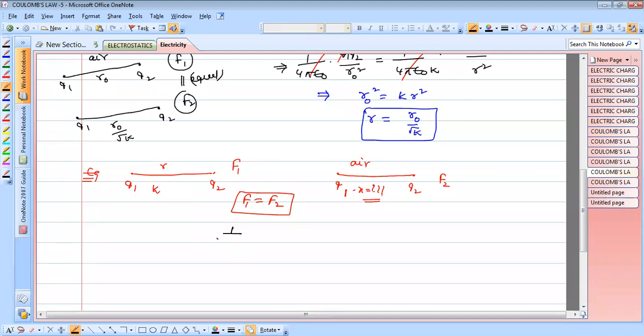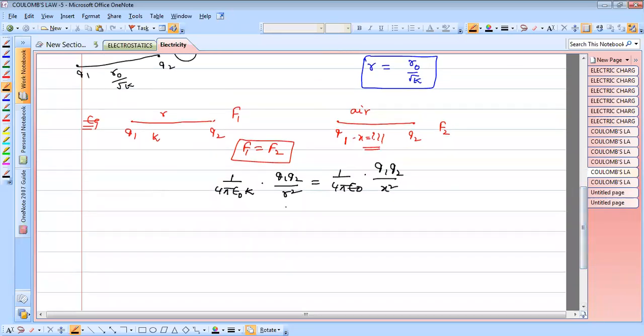So 1 by 4 pi epsilon naught into K into Q1 Q2 by R square equals 1 by 4 pi epsilon naught into Q1 Q2 by X square. Now we cancel that, and taking the square root on both sides, we get X equals R into root K.